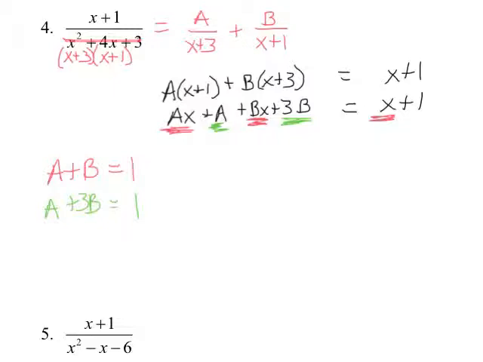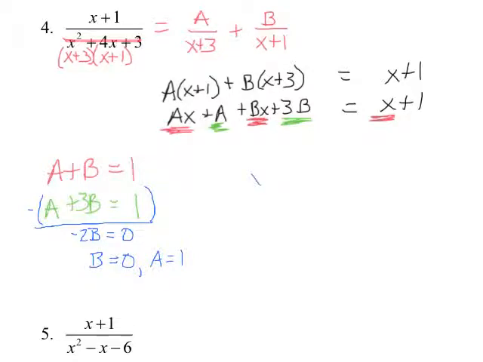When we solve this problem, I like to use elimination, so I'm going to eliminate by subtraction. I'll get negative 2B equals 0, which means B is 0, and if B is 0, A is 1.